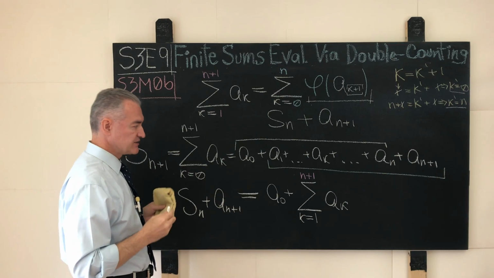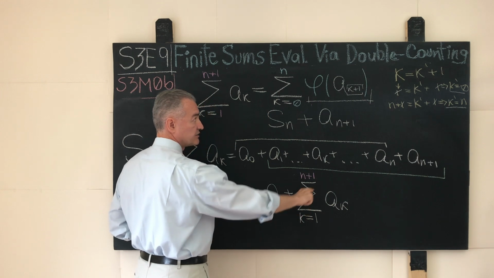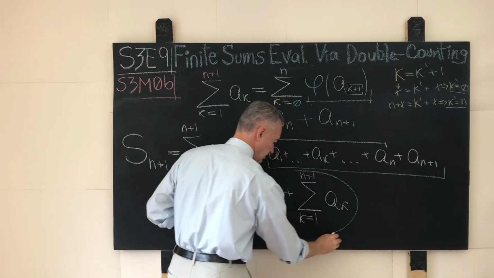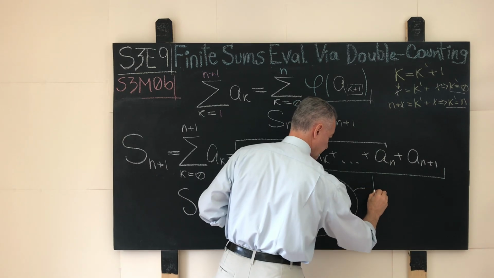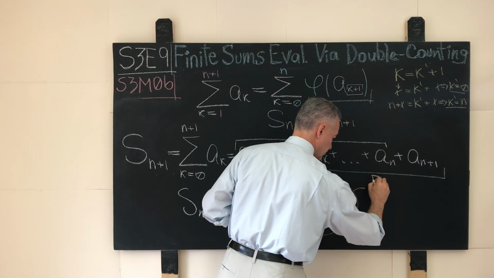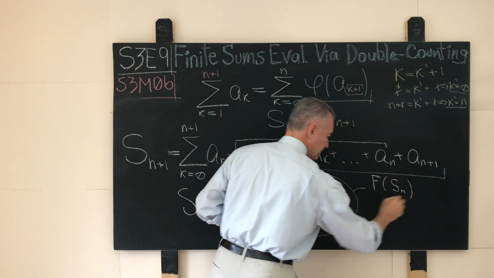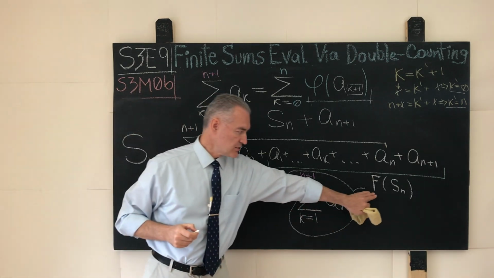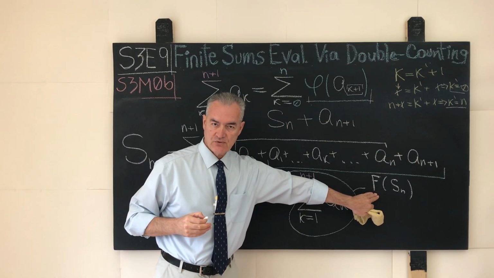In other words, sometimes this sum that is reindexed into this shape can be sculpted into a certain function of precisely our finite sum Sn. And the exact shape of that function, I'm not sure myself how this shape can be algorithmically defined. I do not think so.